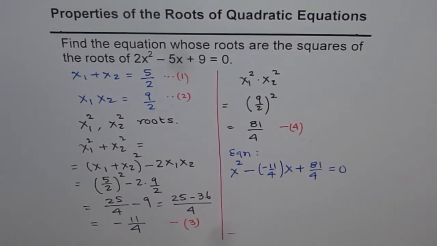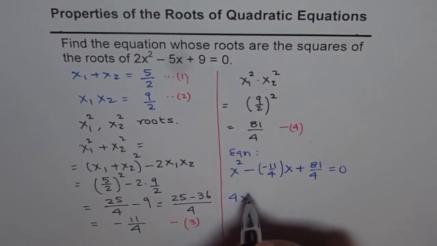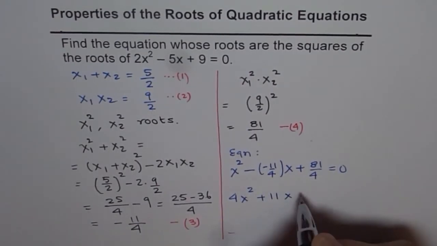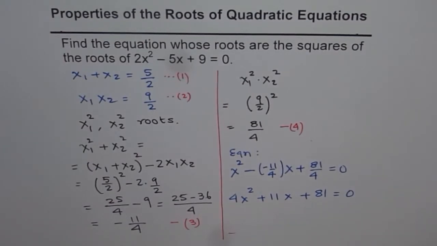That becomes the equation, right? Now multiply everything by 4 to clear the denominator and write down our answer. So we get 4x squared minus minus is plus 11x plus 81 equals 0. So that is what we get as our answer for this particular question.